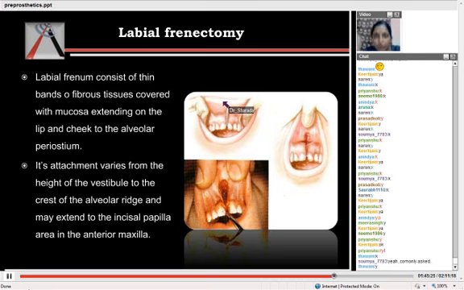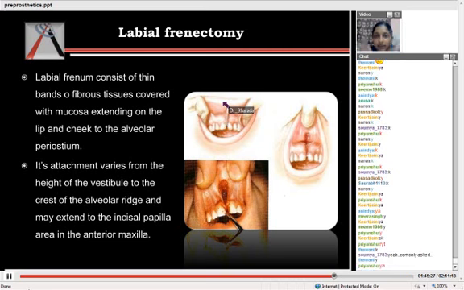And V and Y, the letter V and Y itself suggests length, right? So if you want to lengthen the area, then you have to go for VY-plasty. So basically you have three types: the cross diamond, your Z, and your VY.